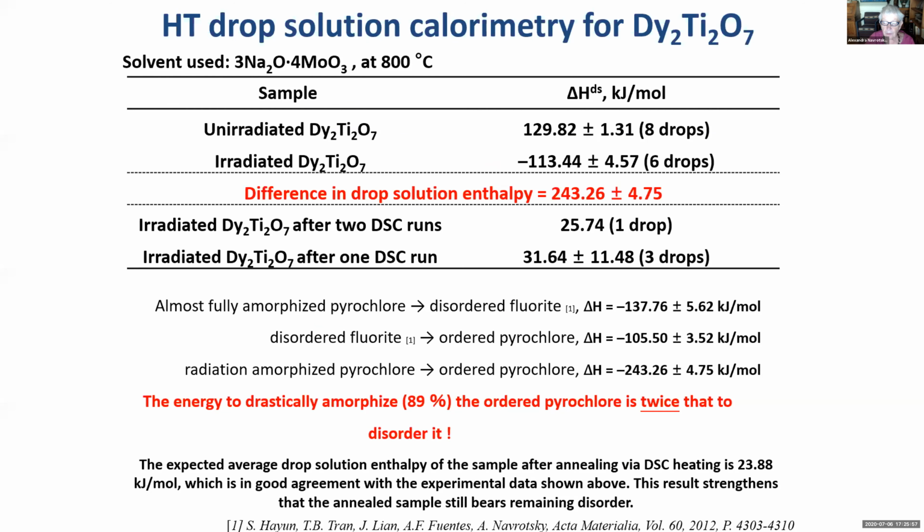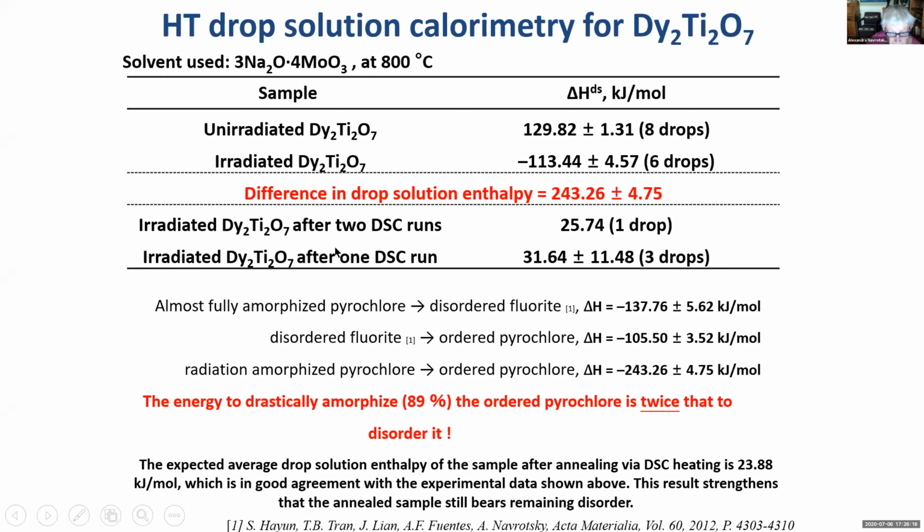So if we do the drop solution calorimetry of the initial undamaged and the irradiated sample, we get a very large difference. That is, the enthalpy absorbed by the sample to amorphize it is really quite large.